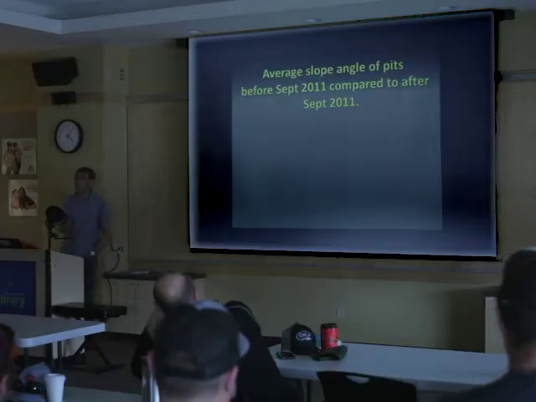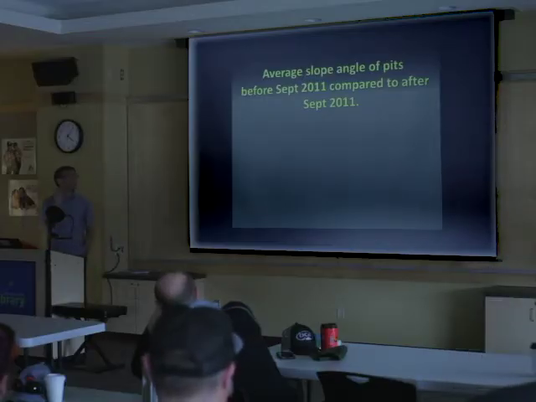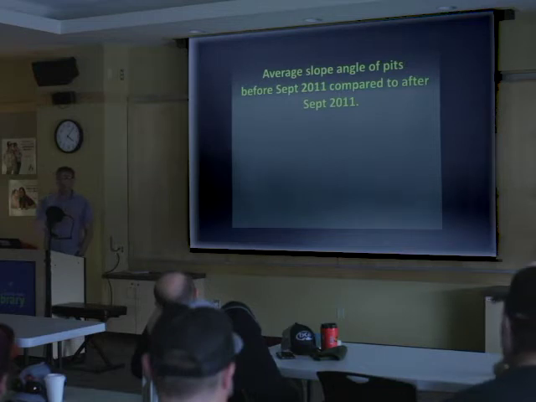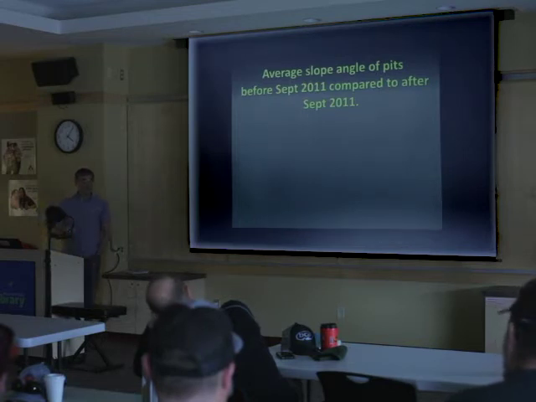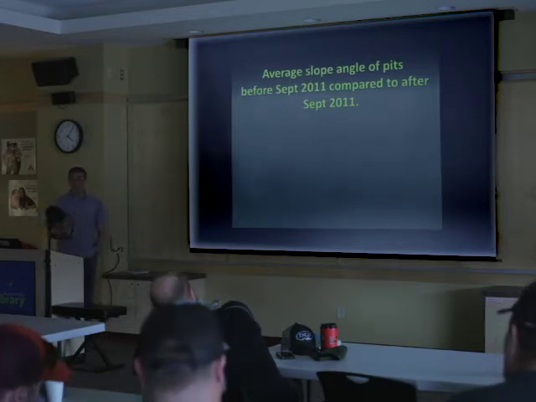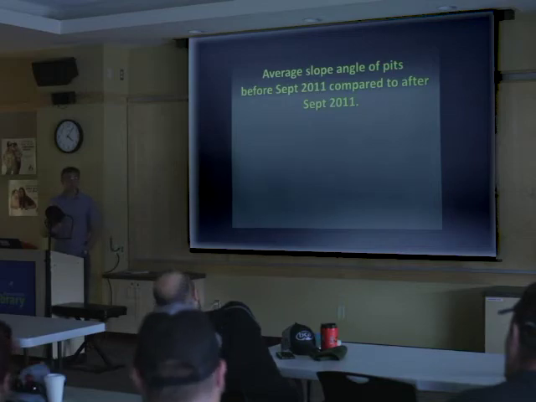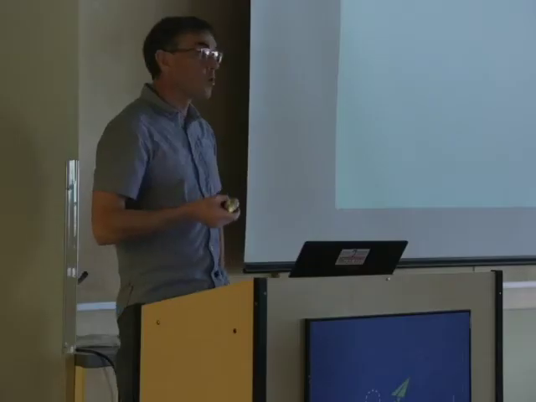Why that data is important is because at the ISSW before this, Carl did some research showing that with a compression test, it didn't matter if you were on a steep slope or a shallow slope. The score didn't matter.